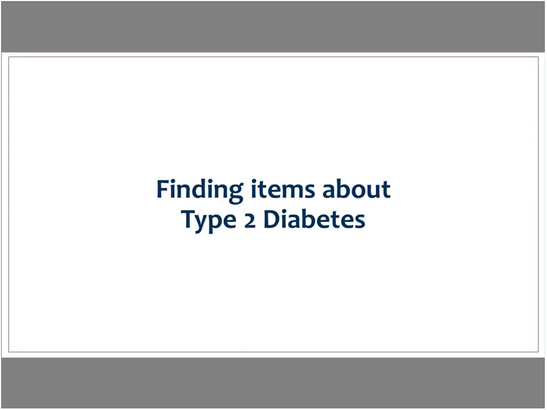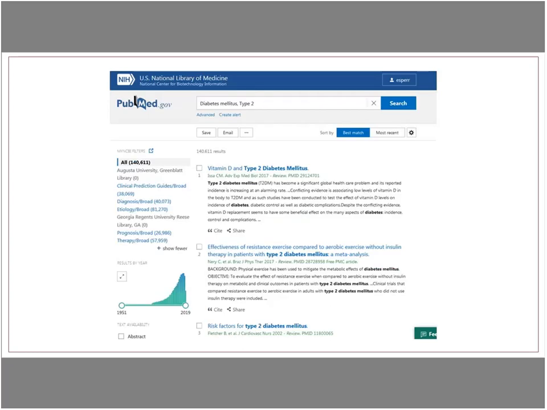So like all good instruction sessions, I'm going to begin with a sample query. We're going to start off by thinking about what it would mean to find items that are about the subject of type 2 diabetes. Now, if we go into PubMed Labs, the brand new version of PubMed that'll probably be going live soon as the official PubMed in a couple of months, we see that if we translate our query into medical librarianese, we end up with diabetes mellitus, type 2.